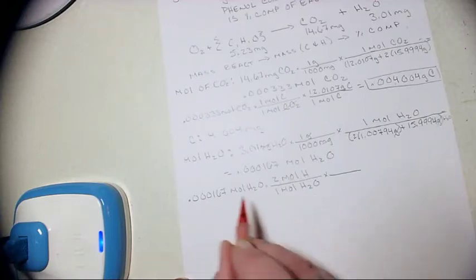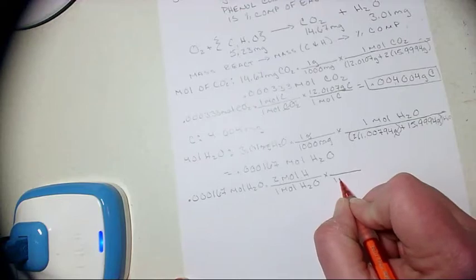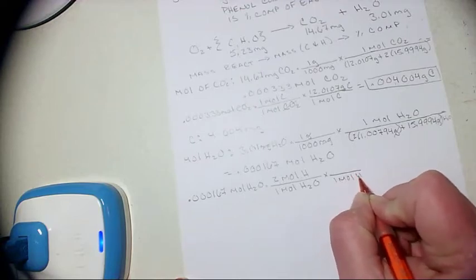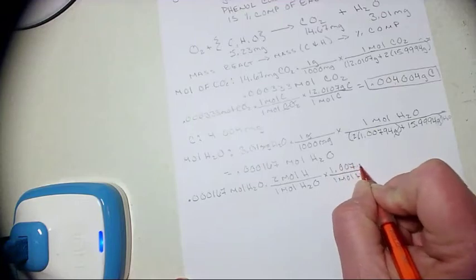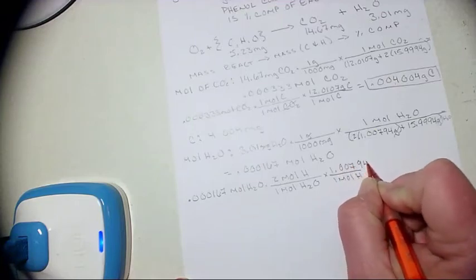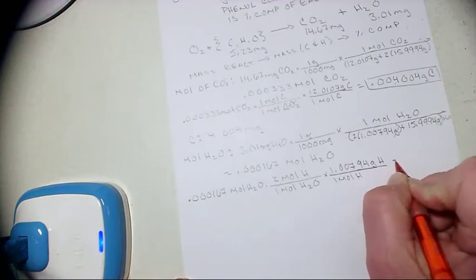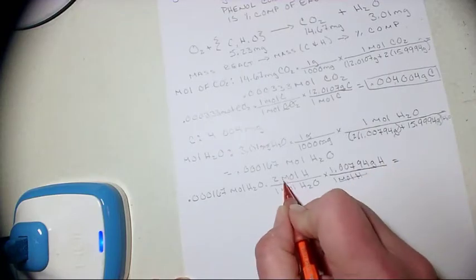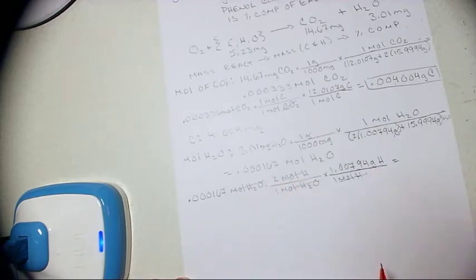So our moles of H2O cancel, we're in moles of hydrogen, times 1 mole of hydrogen has 1.00794 grams of hydrogen. Check it out, moles cancel here, and we are indeed in grams of hydrogen.